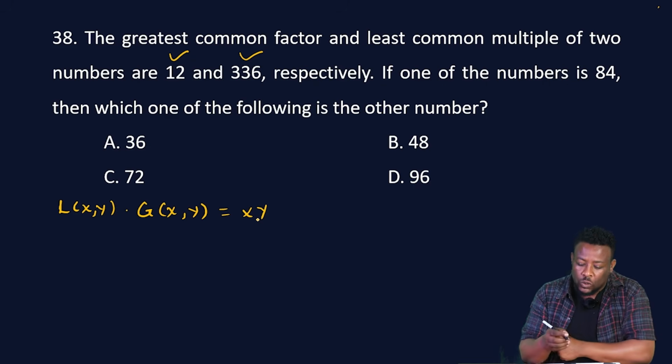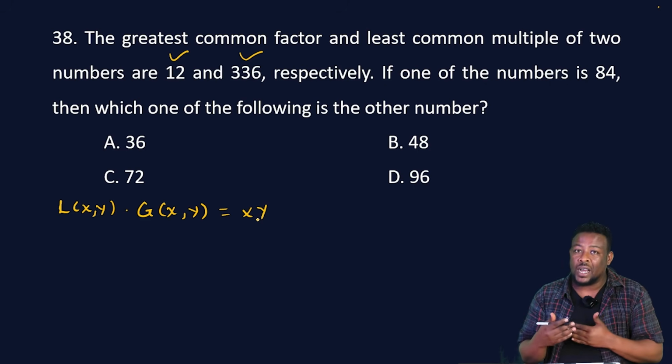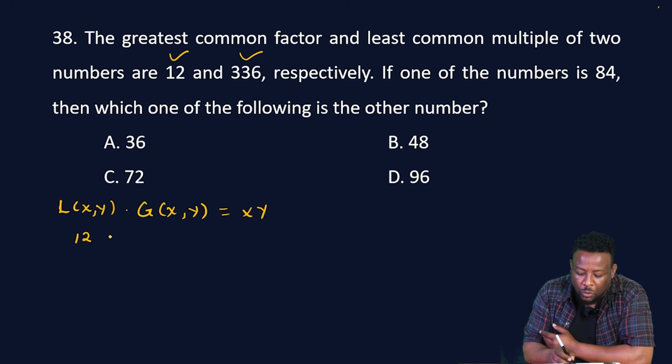So what are we given here? One number is 84, and we are asked for the other number. We are given the greatest common factor and the least common multiple, which are 12 and 336. We multiply them: 12 times 336 is equal to one number times the other number.